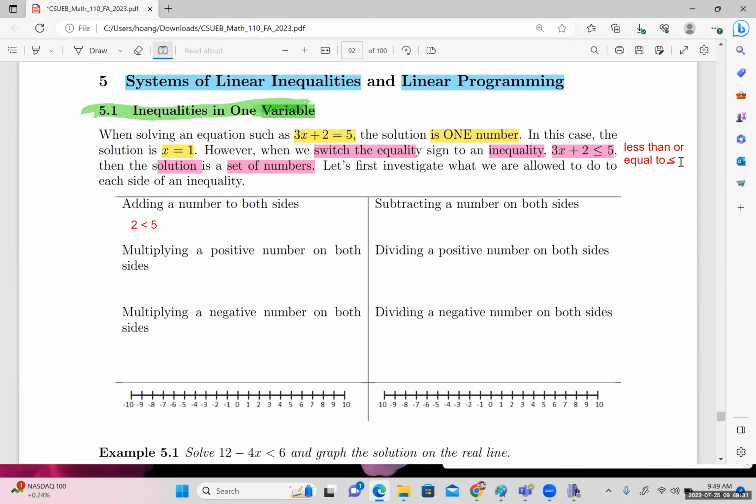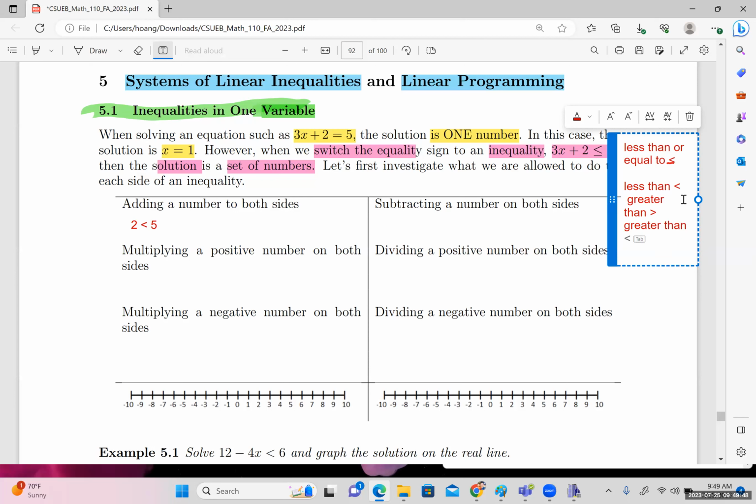Less than goes this way, greater than goes that way, and greater than or equal to has this notation.